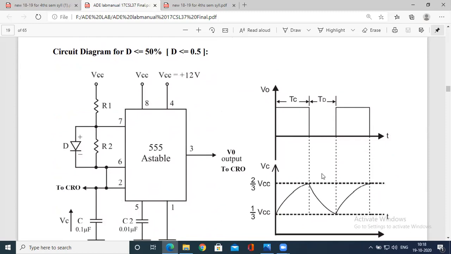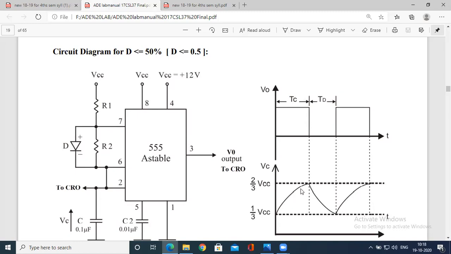So here is the output that you need to get. This is the input, charging, discharging. This is the output waveform that you need to get against TC and TD. From here to here it is charging, it reaches the peak, and from here it goes on discharging. Again charging, again discharging.